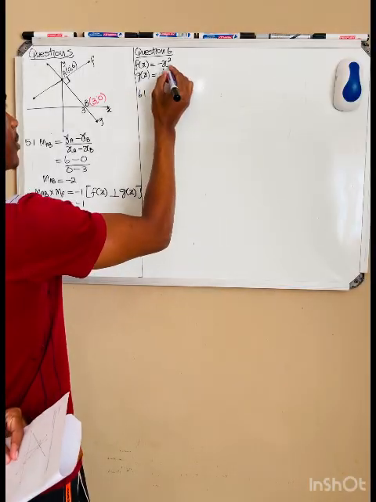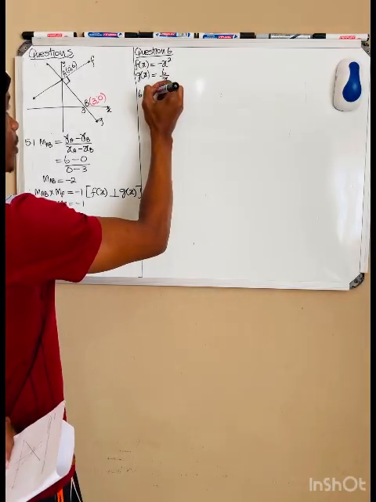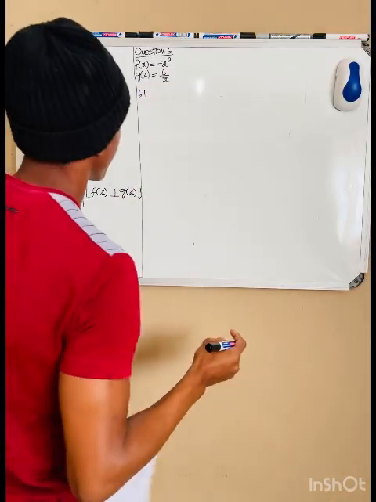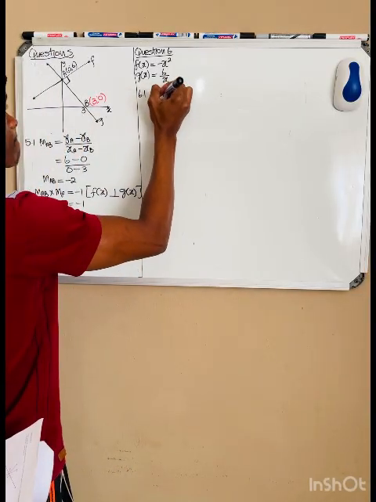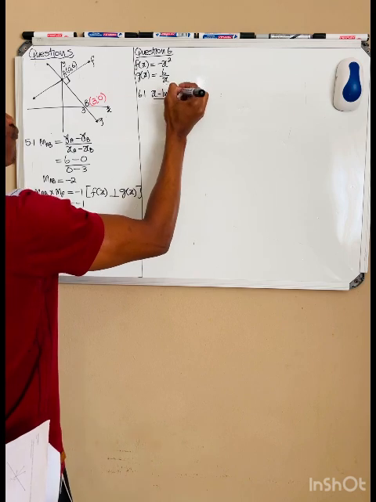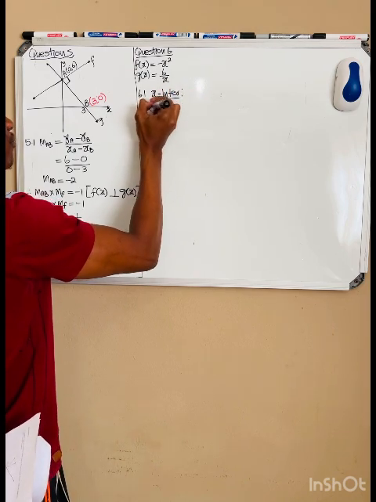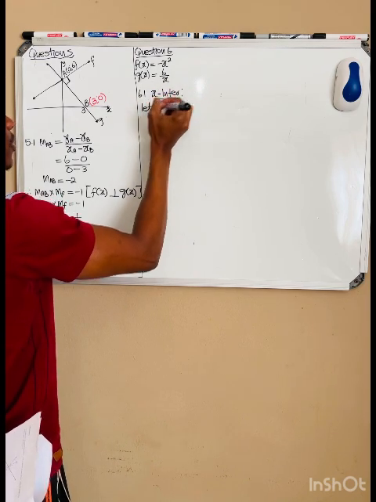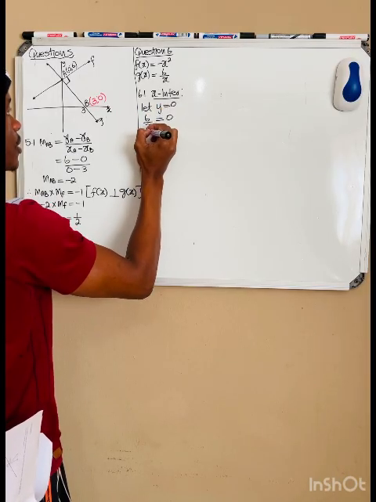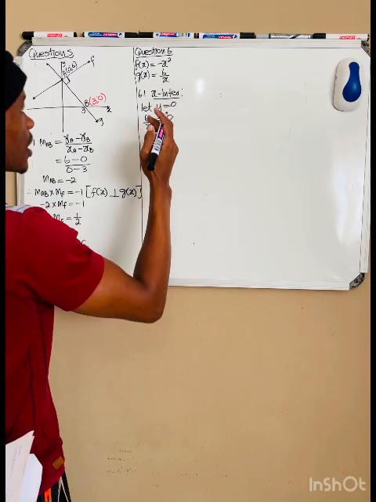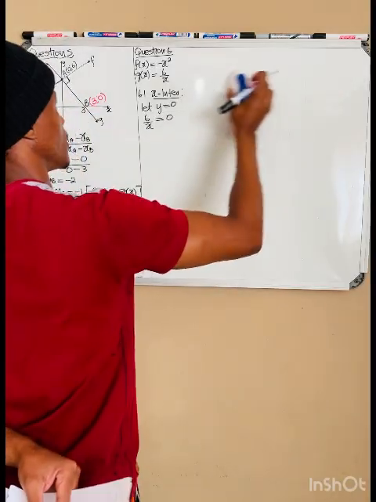So let's find the x-intercept for g. You let y be 0, so 6 over x equals 0. So this graph doesn't have the x-intercept.